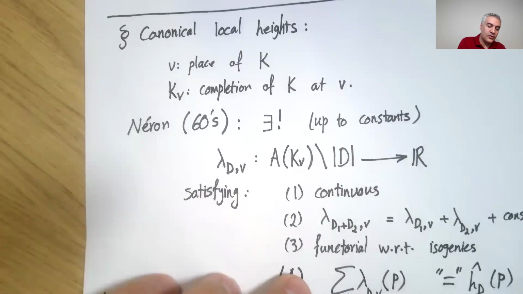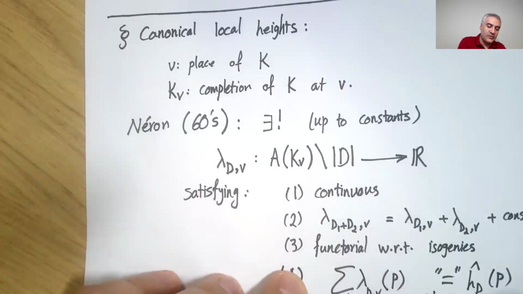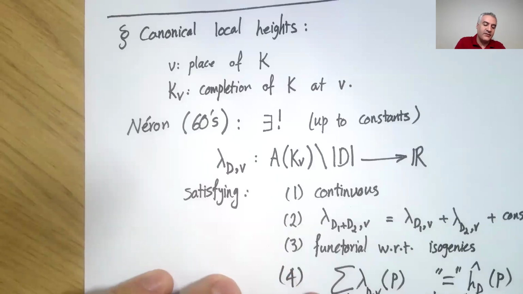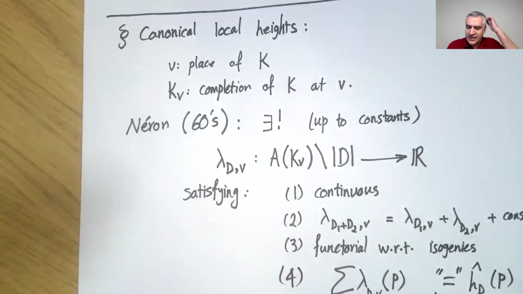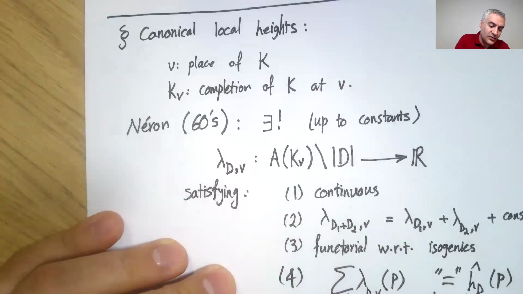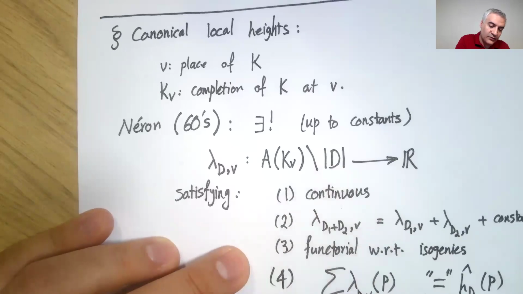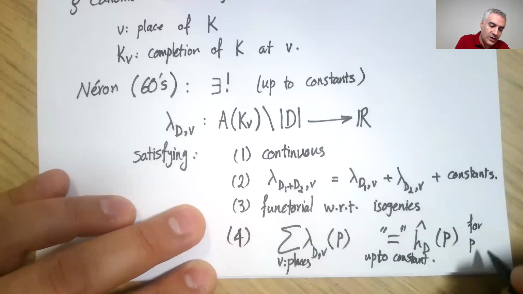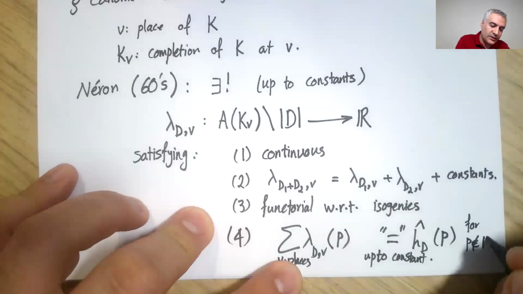So this quotation means up to a constant. There's a universal constant which of course depends on how you normalize these things individually, because those constants will add up to another constant. And this function, as you can imagine, is most of the time supposed to be 0. And this makes sense because these individual ones don't make sense for P in the support of D. I have to say, for P not in the support of D.